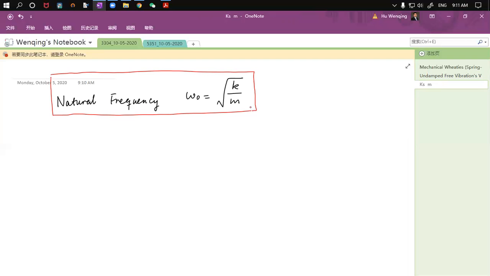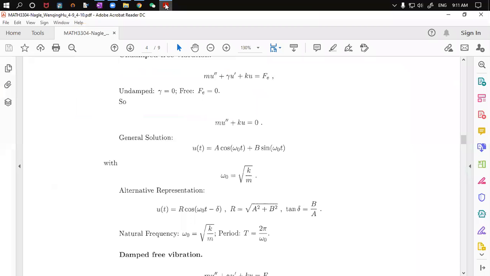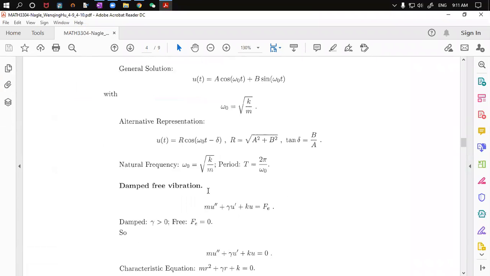You just have to identify k, which is the Hooke's constant for the problem, as well as m, which is the mass for the problem, and you do k over m and take a square root. If there is a question asking to calculate the natural frequency, then you must know that it is the square root of k over m. Natural frequency, very important.